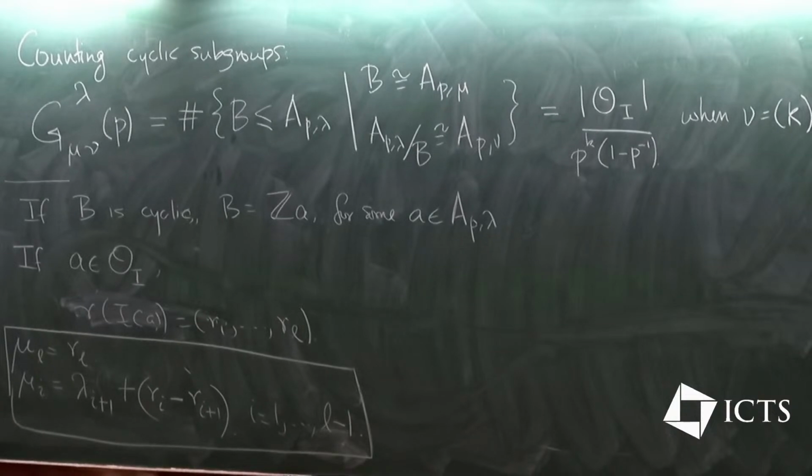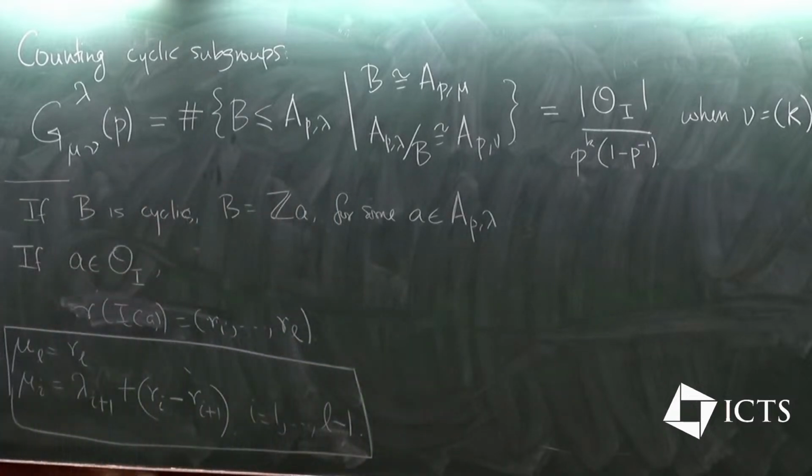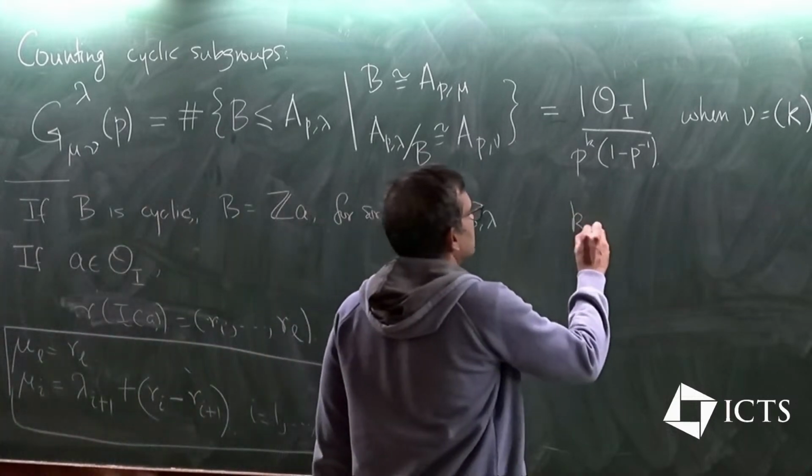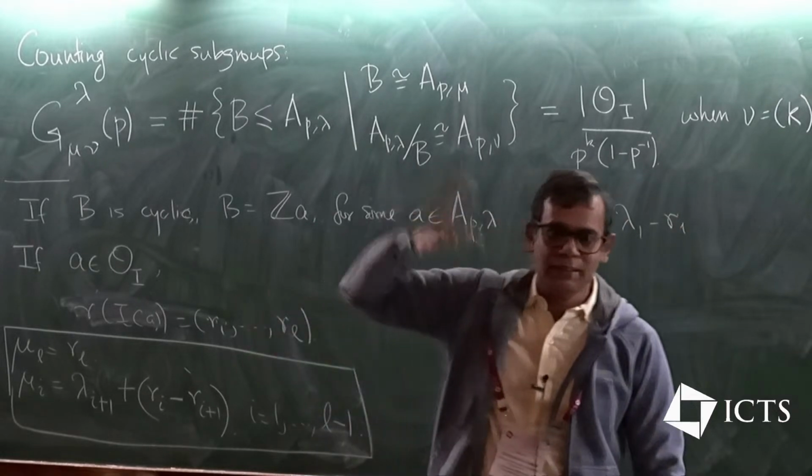Remember, these R satisfy the inequalities that the R_i's are weakly decreasing, and lambda_i minus R_i's are also weakly decreasing. So p to the lambda_1 minus R_1, so k is going to be just lambda_1 minus R_1, how deep the ideal lies.